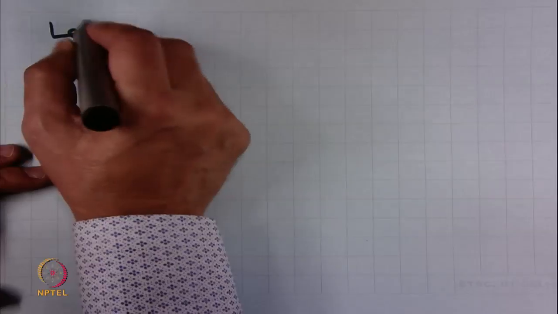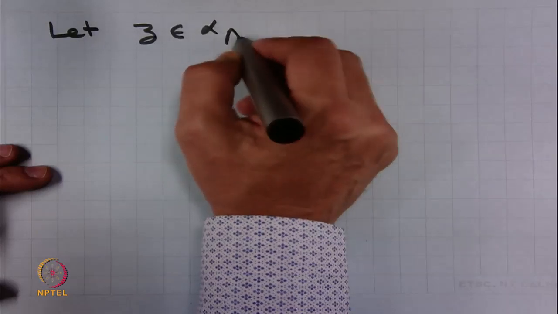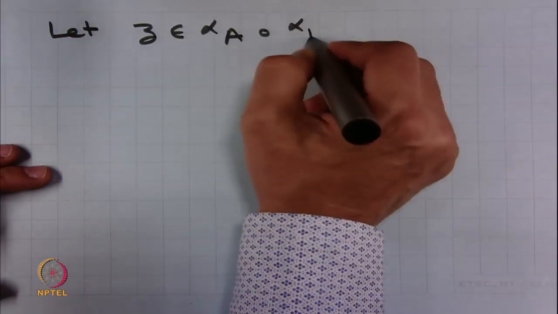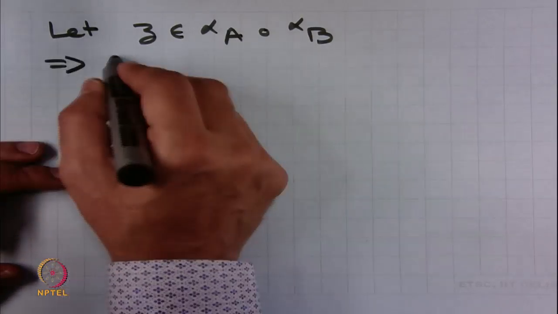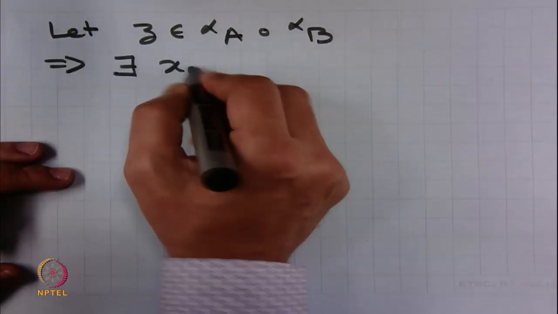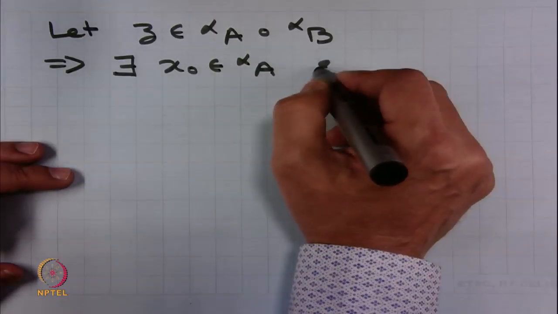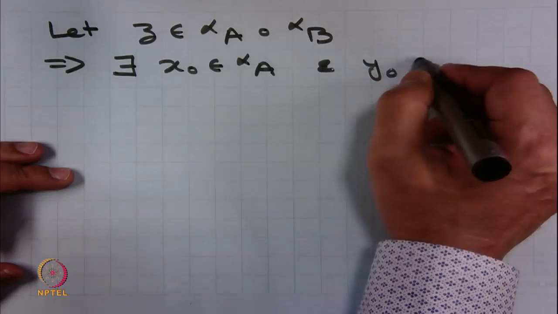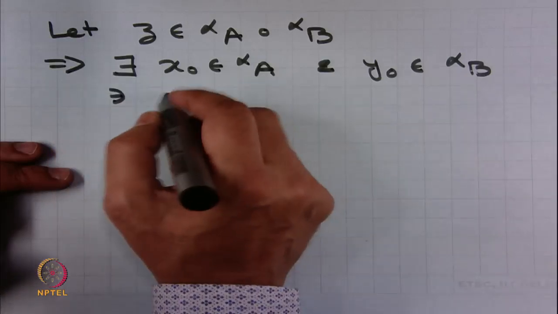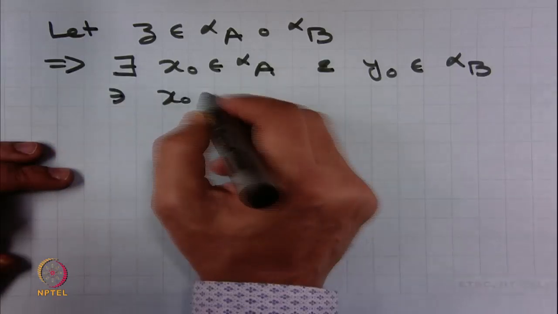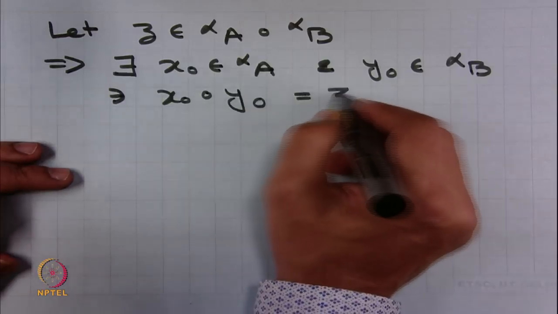So, let z belong to the alpha cut of A * the alpha cut of B. This implies there exist x naught belonging to the alpha cut of A and y naught belonging to the alpha cut of B, such that x naught * y naught is equal to z.